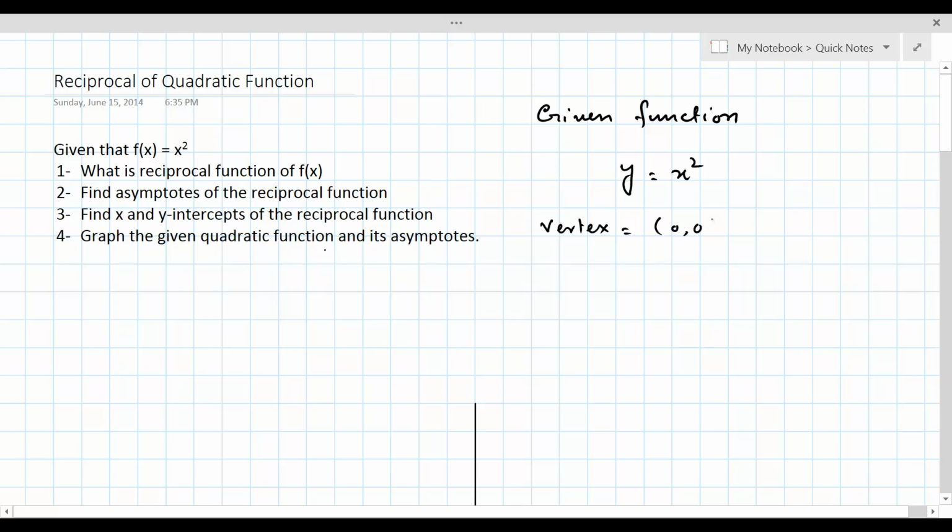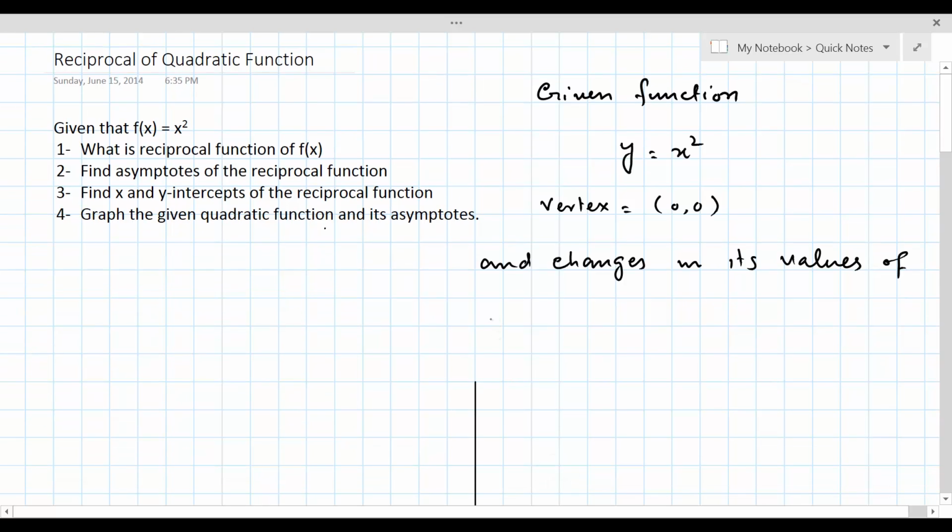at origin, and changes in its values of y follow a pattern which is standard for parabola, pattern 1, 3, 5, 7, and so on.